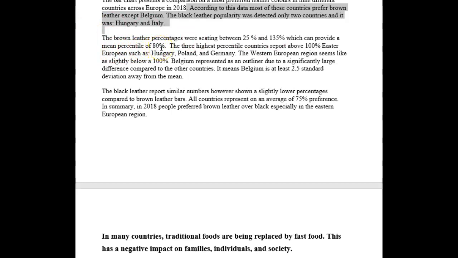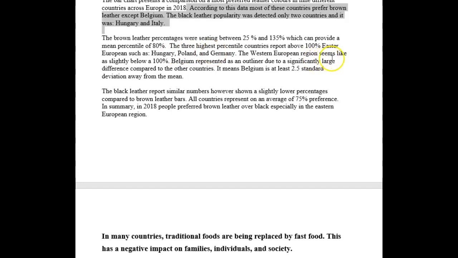That's okay. The 3 highest countries reporting over 100,000 were Eastern European, such as Hungary, Poland, and Germany. The Western European region seems like as slightly below. That's awkward. I don't really know what you're trying to say.